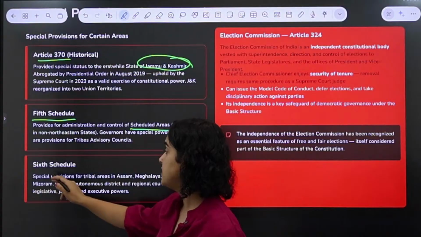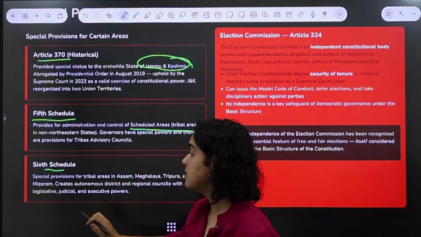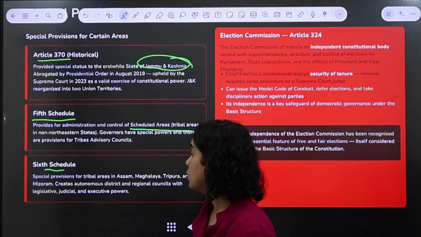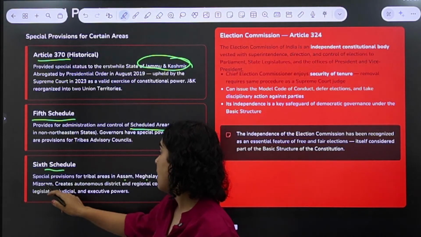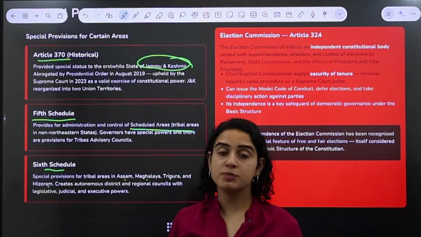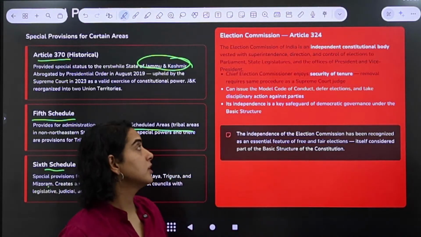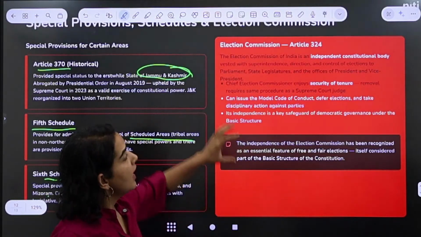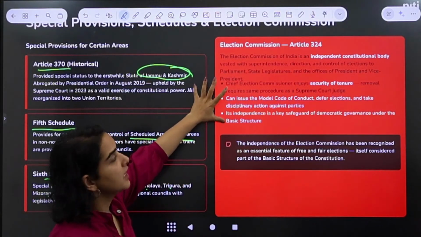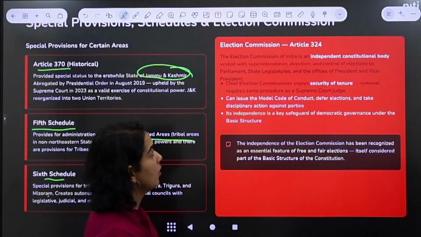But then we have the sixth schedule, which gives special rights to tribal areas of Assam, Meghalaya, Tripura, and Mizoram. So some special provisions have been made for these areas. And then finally we have the Election Commission, something really important, right?